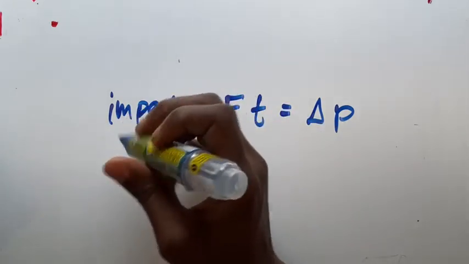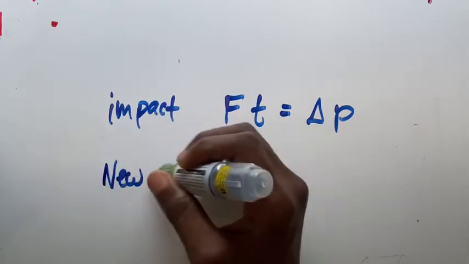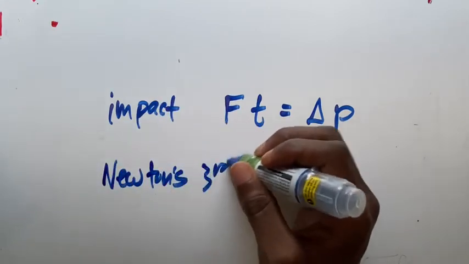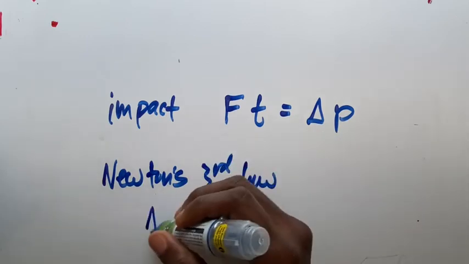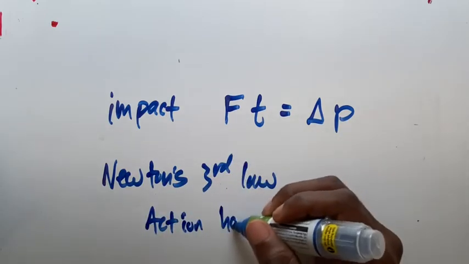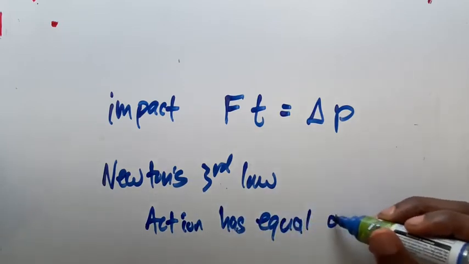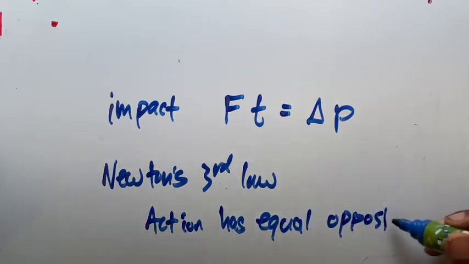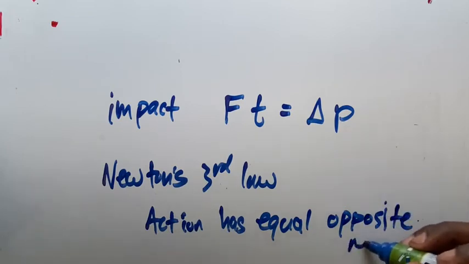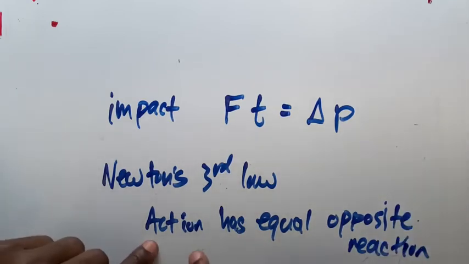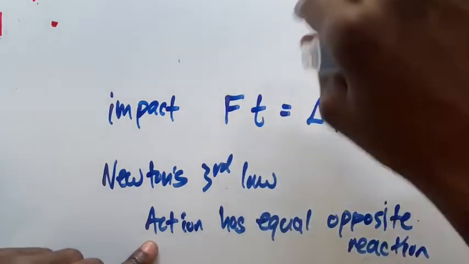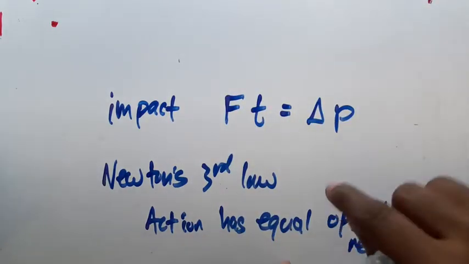This is actually just Newton's third law, which says every action has an equal and opposite reaction. So the action here is her hand hitting the cement. The same thing is going to happen to her hand.